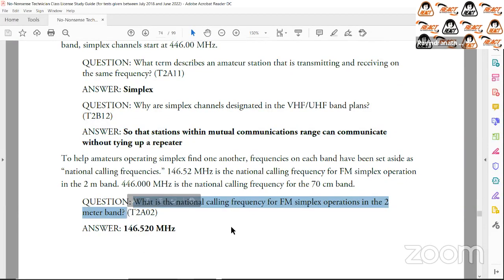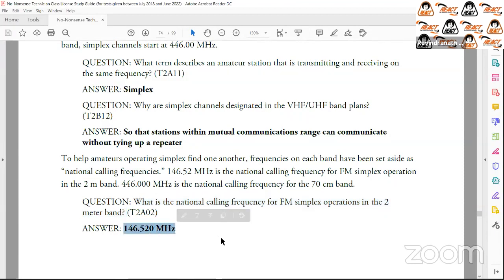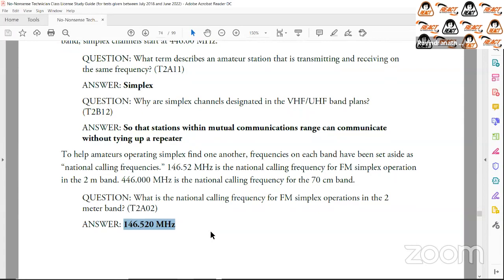What is the national calling frequency for FM simplex operations in the 2-meter band? So the keywords here are calling frequency, FM simplex, and 2-meter band, right? Again, said you needed to learn this. 146.520 megahertz. That's the call channel frequency.